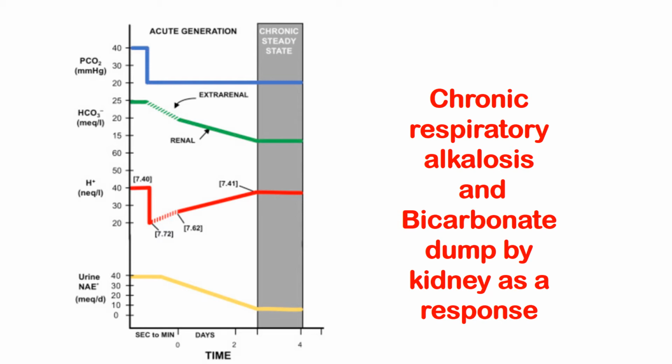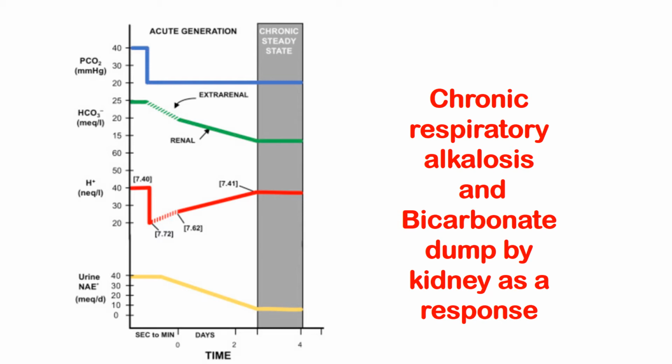The hydrogen ion concentration is going to go down, right? And to get that equation back to normal, your body's going to start losing bicarbonate, right? And this is going to be a persistent reduction of the bicarbonate level till a new steady state is reached.